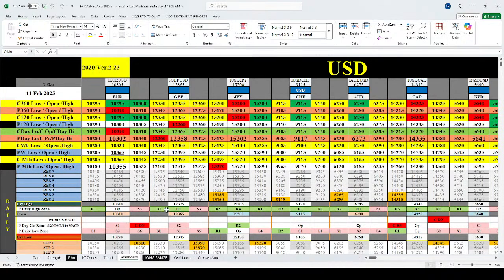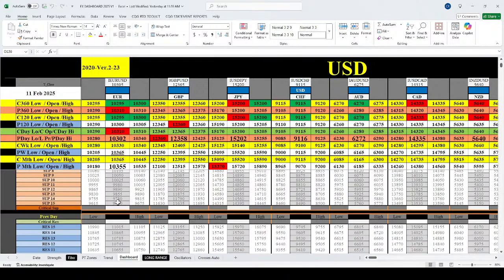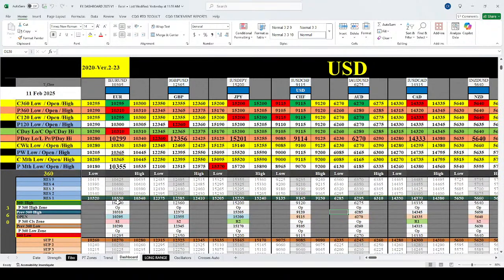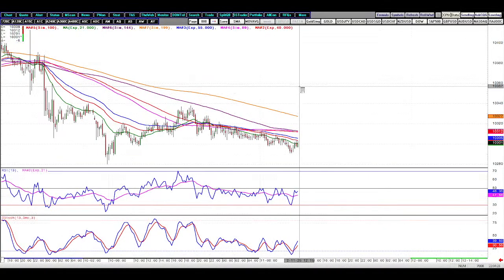Based on this, I think we can go for a sell near 330, 340. That should be our scalping call, and the day trading call should be above 360 or 380, and we should be exiting before 260 or 240. So let's confirm that with the chart.